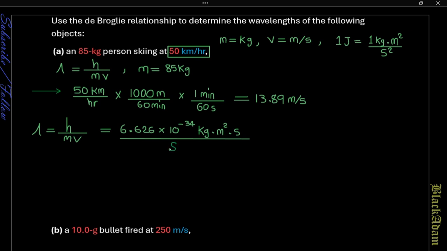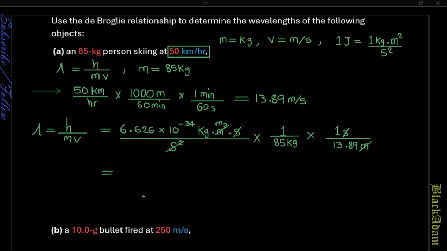So the second there is divided by second squared, and multiplied by the inverse of the mass, so the mass is 85 kg multiplied by 1 over 1, and then the second over 13.89 meters per second. So the second goes on top, the seconds cancel out, and meter into meter squared is meter.